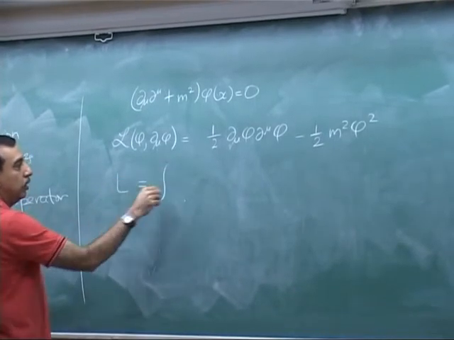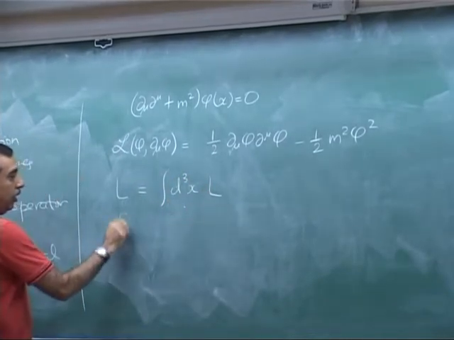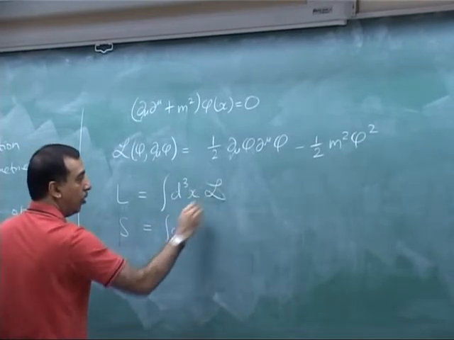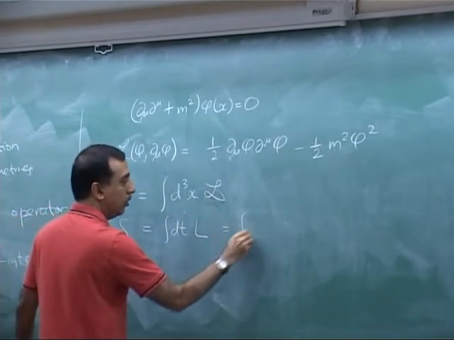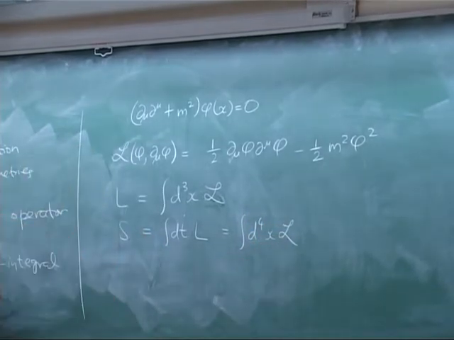This is sometimes called the Lagrangian, but the true Lagrangian is ∫d³x of the Lagrangian density, and the action is ∫dt L, which is the same as ∫d⁴x of the Lagrangian density.